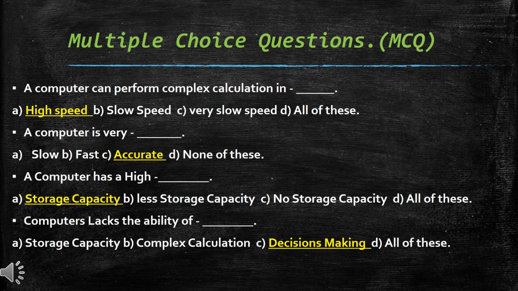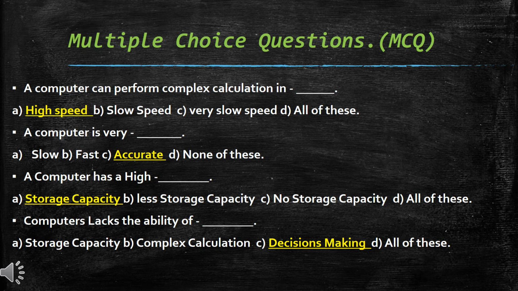The next one is, a computer has high dash. Storage capacity, less storage capacity, no storage capacity, or all of this. A computer has a very high storage capacity. Then computers lack the ability of dash. Storage capacity, complex calculation, decision making, all of this.